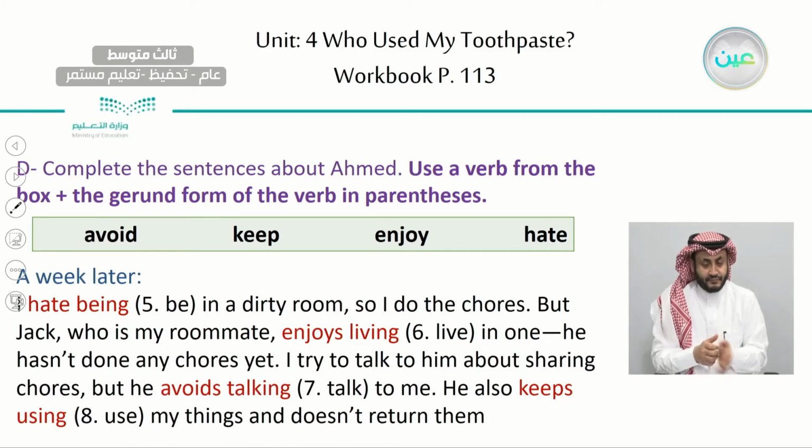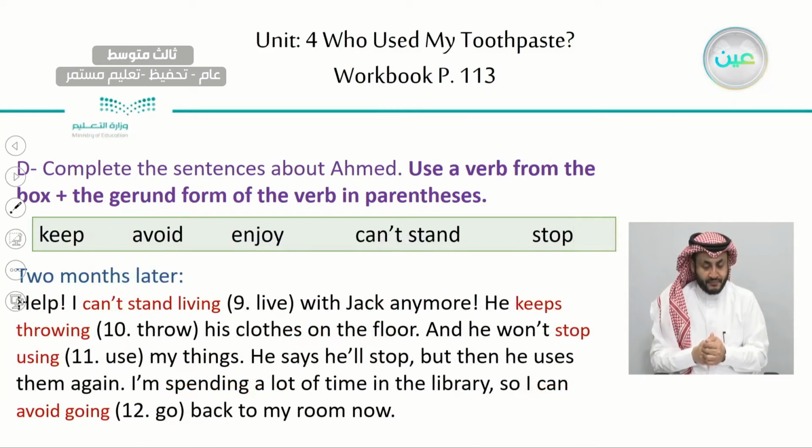The second paragraph, we have another list of verbs. So number 5, hate being. 6, enjoys living. 7, avoids talking. And 8, keeps using. Okay, for the last 2 paragraphs, we have number 9, can't stand living.